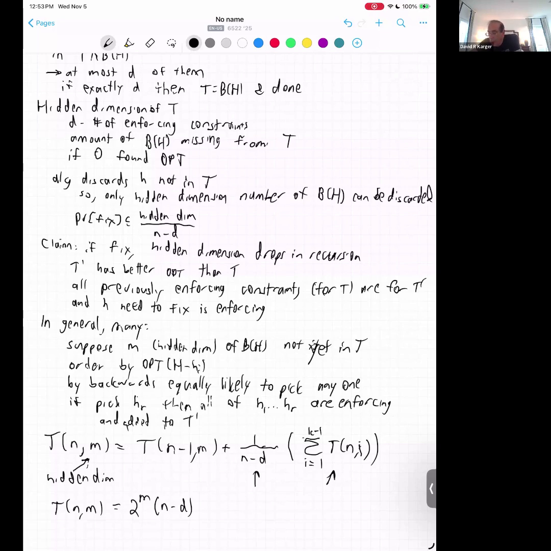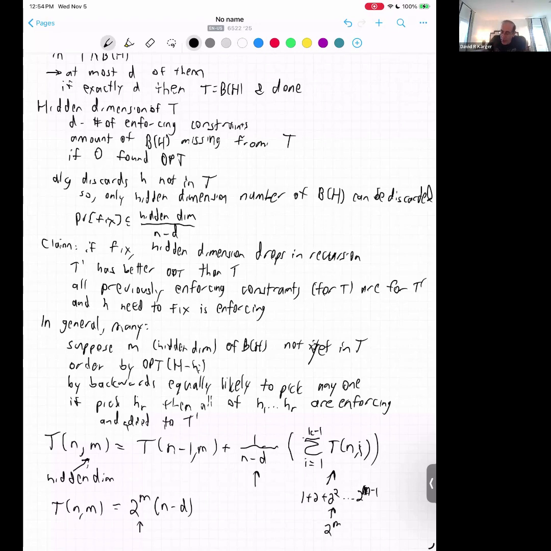Essentially the reason that works is that this inner sum is a geometric series whose last term is 2 to the m minus 1, which gives you your 2 to the m for the next layer.